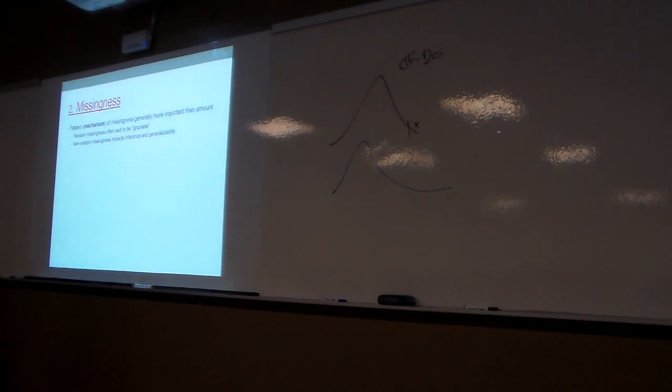If it's truly random, or I have a variable in my model that accounts for that missingness, we would identify this as ignorable, and so we're less worried that this is going to unnecessarily bias our results. But if I have non-random missingness, this is the type of missingness that's going to impact inference, generalizability, things along these lines.